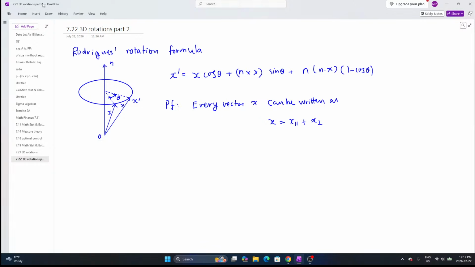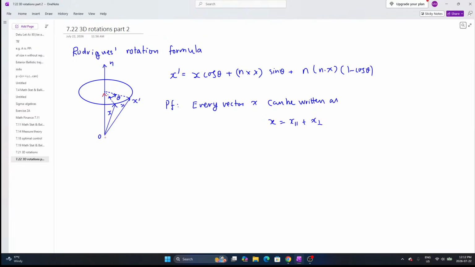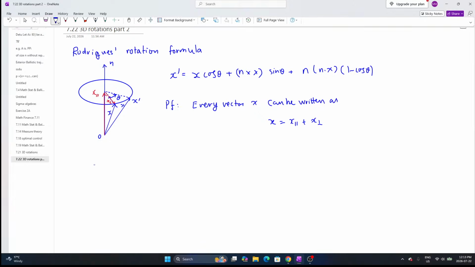So let's label those two components. So this is x parallel, the component of x that is in the direction of n. And here you have the perpendicular component, x perpendicular. It's perhaps a good idea to also draw the 2D view.